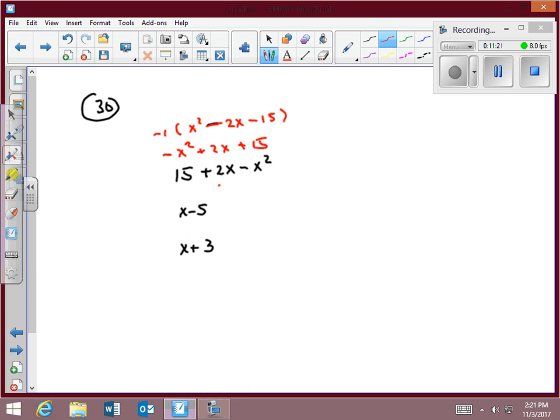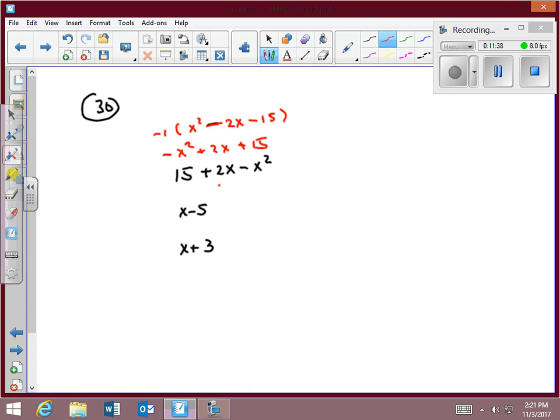Now, that's not prime factored yet, is it? It's a trinomial, descending order, leading term positive. I got it that far. It's no common factor. It's not a special case trinomial.